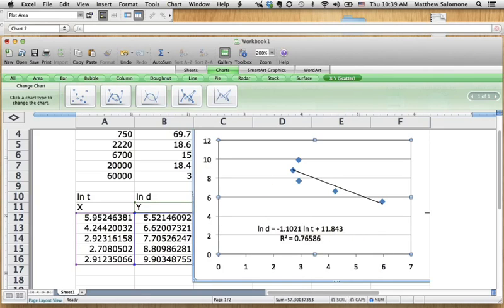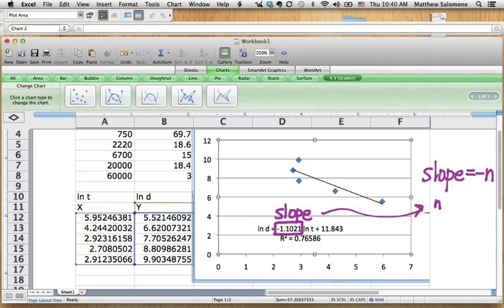And what does it look like was the value of the exponent n that we were looking for? Remember that the slope, we decided, was the opposite of n. But what's the slope of this linear relationship? Negative 1.12.